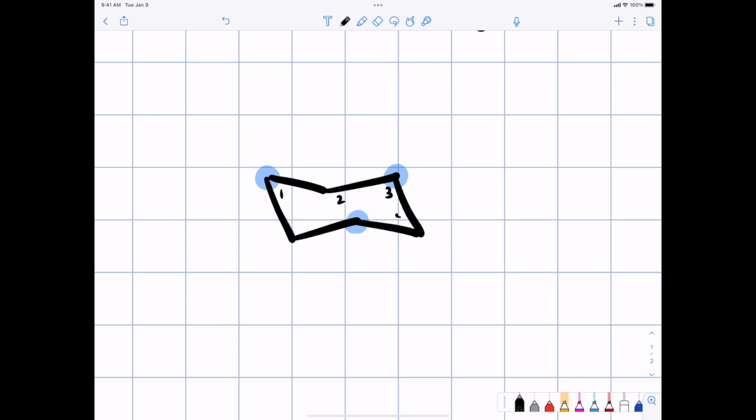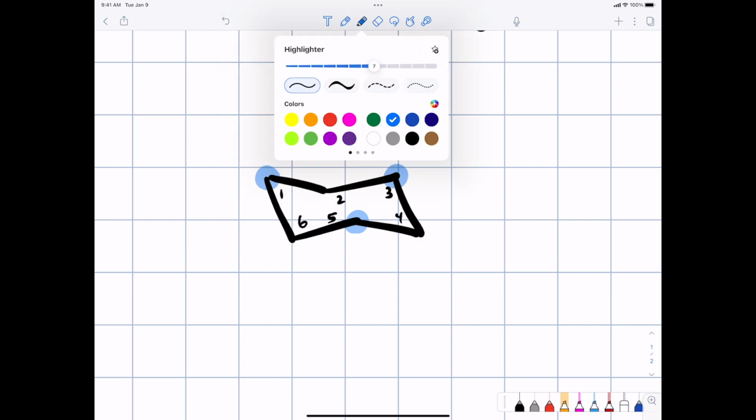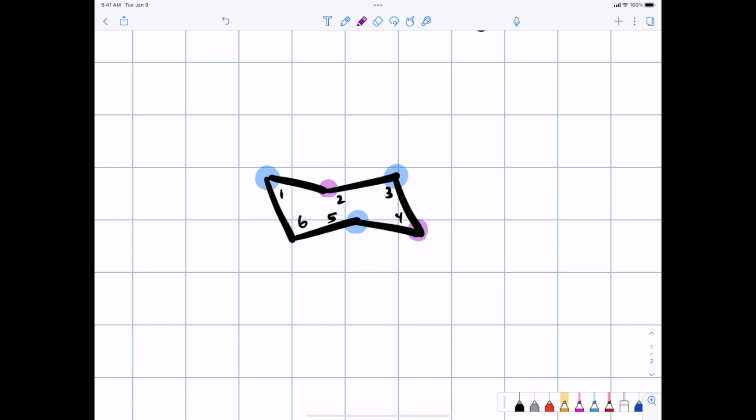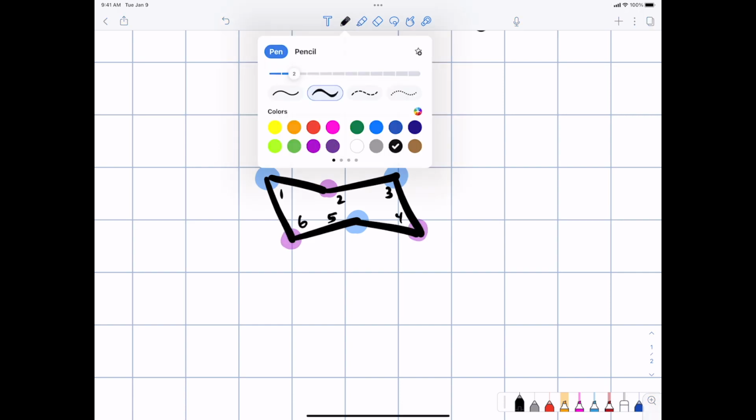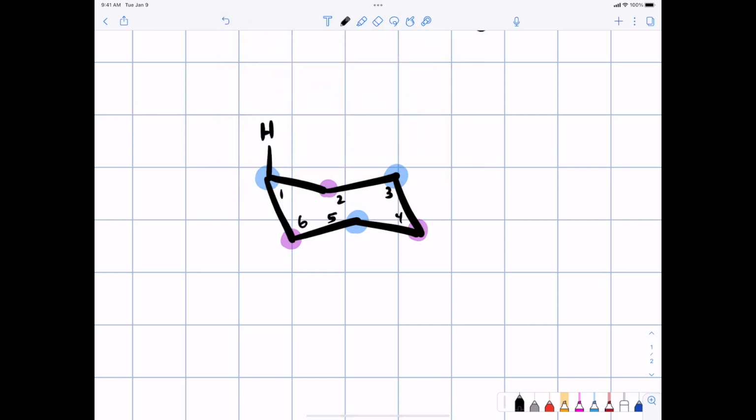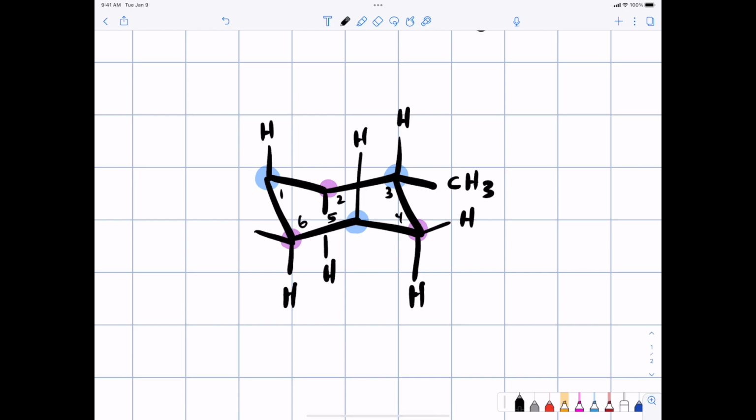Sometimes that's really helpful. And then we'll use purple for the down carbons. And let's make this interesting by making one of the substituents not hydrogen.